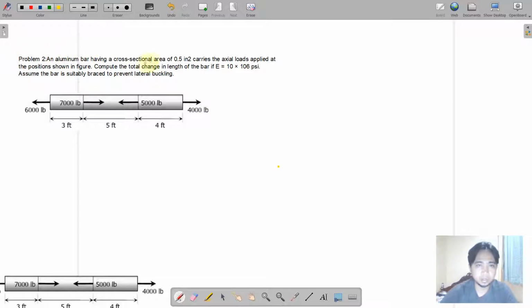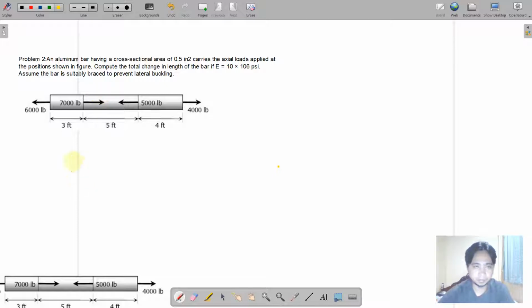So the cross-sectional area is given as 0.5 inches squared, and then the axial loads, the dimensions, and the modulus of elasticity. So this is 10 times 10 raised to 6 pounds per square inch. We are going to compute the total elongation or the total change in the length of the bar.